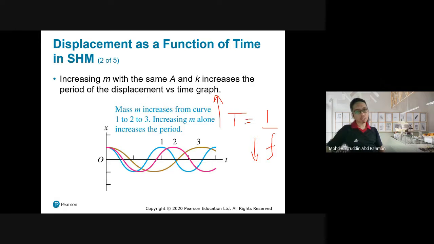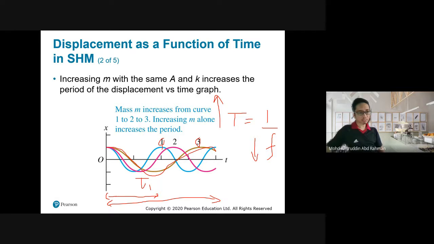So when the time is higher, we see that this is the smaller mass, 1, compared to 3, which has a bigger period compared to 1. You look at this is the period of 1, from here, that is T1, compared to T3 over there.